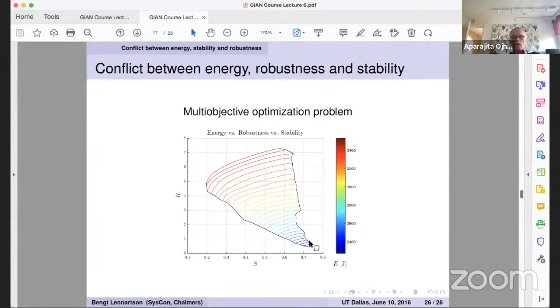And then we see that up here is the best energy consumption, and down there it's worst. But up here we have much worse, higher energy consumption. So this is just a way to describe that.